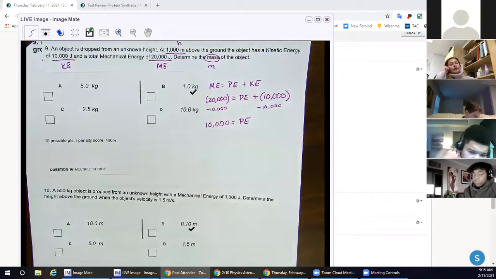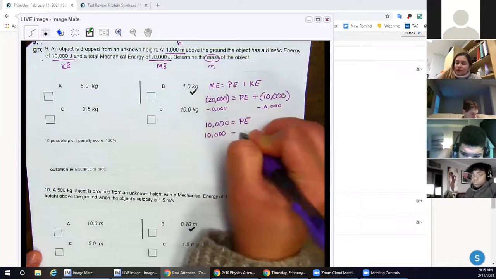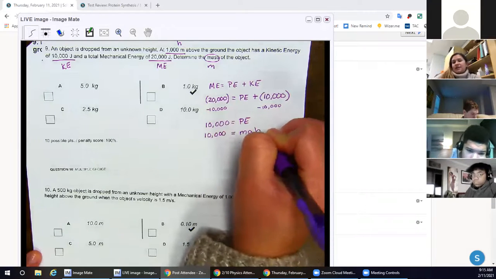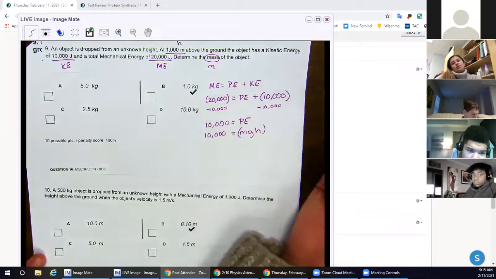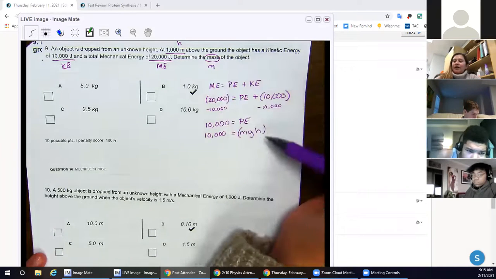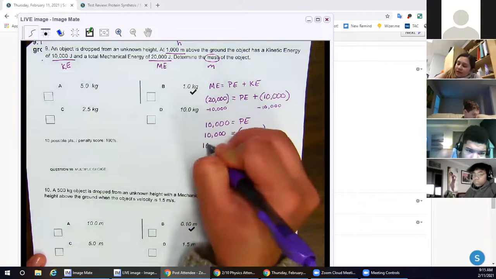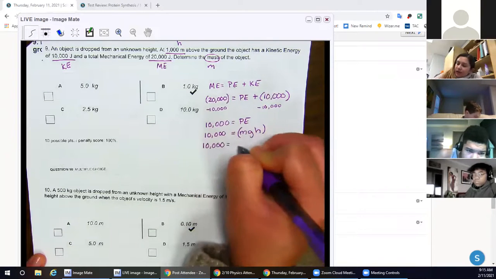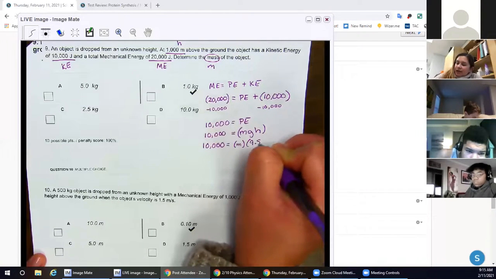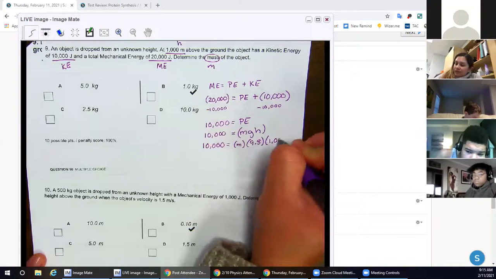But remember, you know your formula for potential energy. So we can do 10,000 equals mass times gravity times height, because that's what the formula is. Now you can plug in your height and your gravity, and you can use that to find your mass. So 10,000 equals an unknown mass, which is what we're trying to find, times gravity, 9.8, multiplied by your height, which is 1,000.